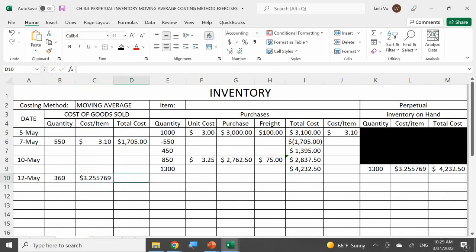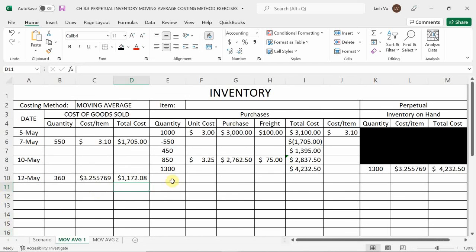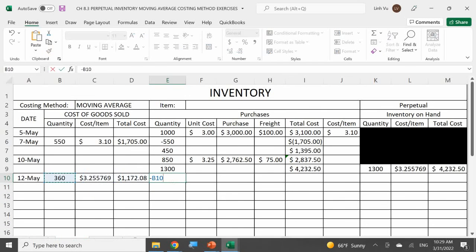So that's exactly what I need to solve for: right now, my inventory cost me $3.255769, and I need to find out how much that's going to cost me in grand total if I sold 360 of those units. So what's my cost of goods sold here? $1,172.08. Good.